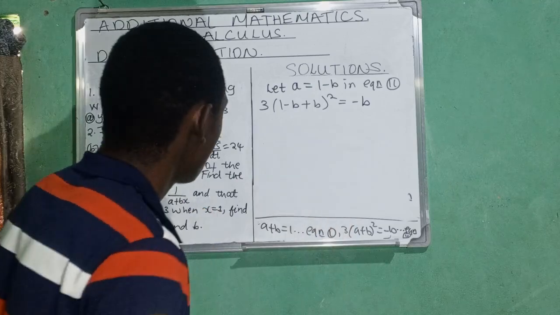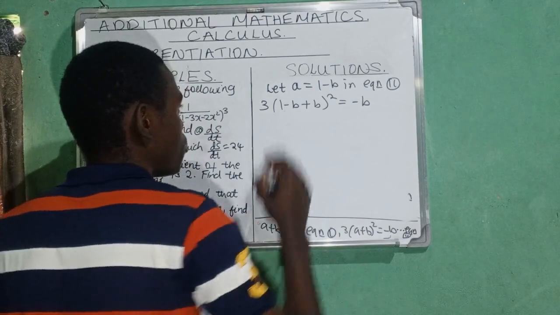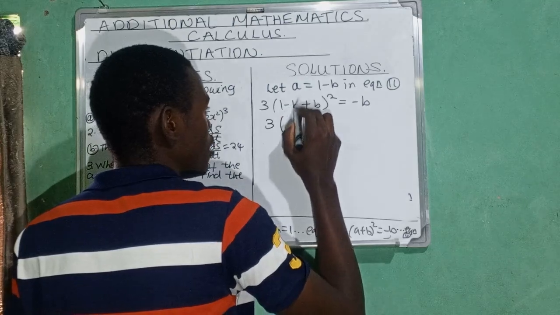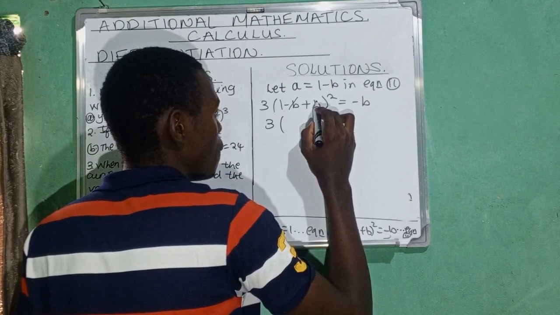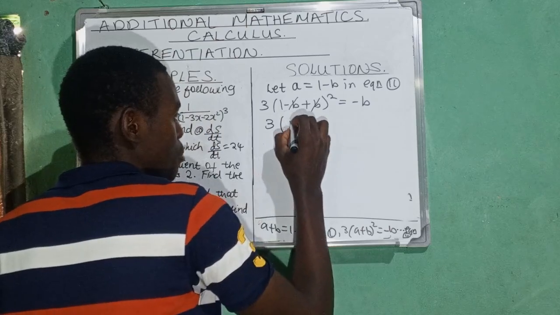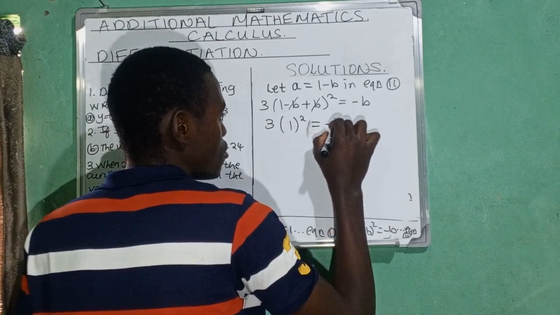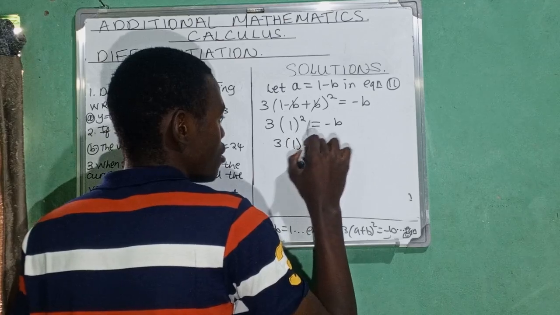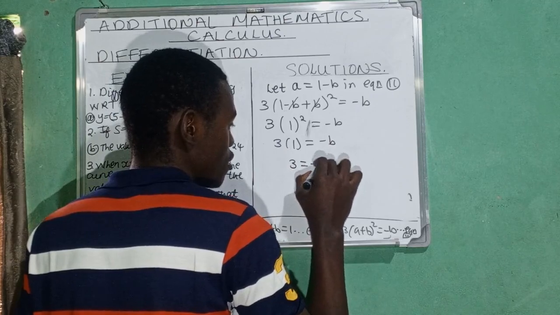So here, if we want to proceed, the next thing to do is we say 3 you multiply by, here if you check, the negative b and the positive b can cancel out to just leave us with 3 times 1 squared is equal to negative b. 1 squared is simply 1, so it's equal to negative b. 3 times 1 is 3, it's equal to negative b.